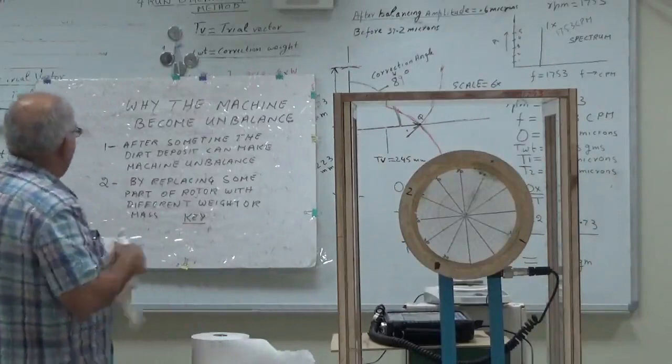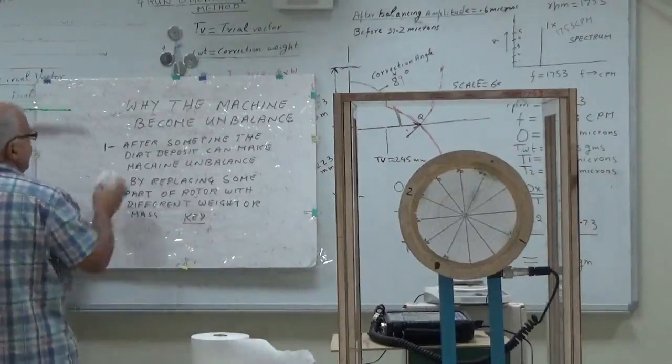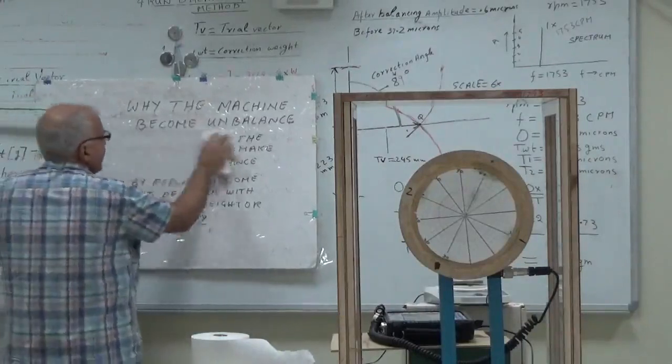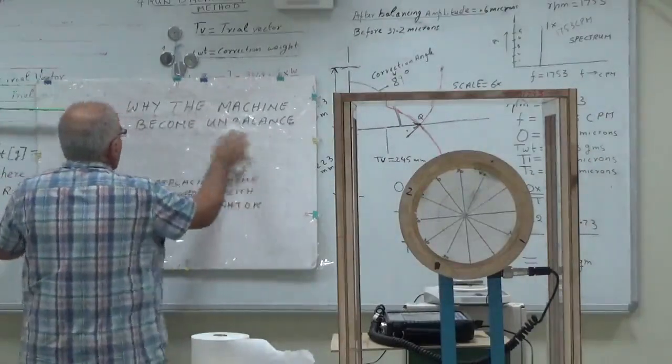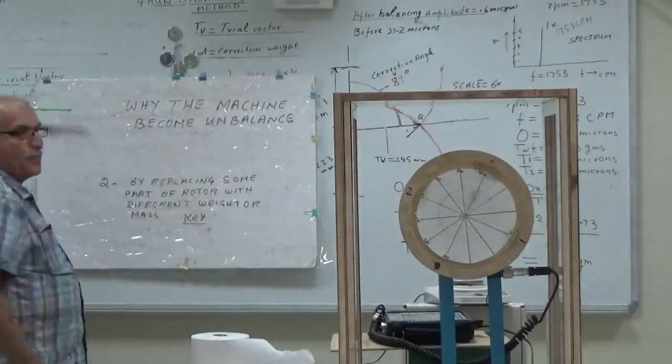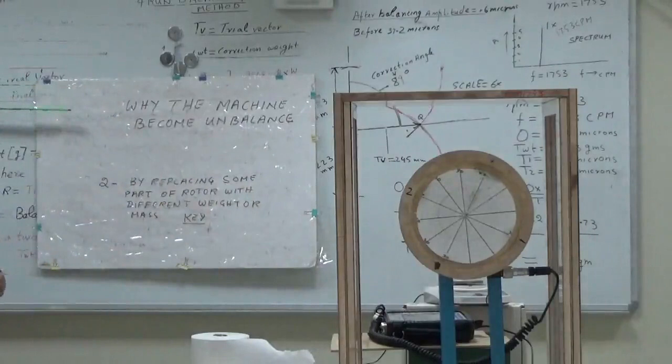Now, number three. For example, the machine goes for repair to the workshop and the mechanic is assembling the machine again, but some part of the rotor is not fixed properly and that part of the rotor center is changed.